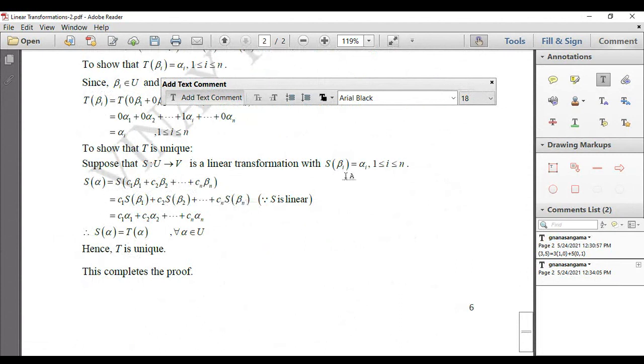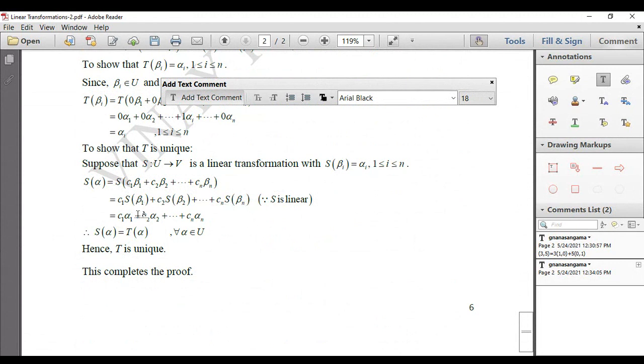But remember, we know that S of beta I is equal to alpha I. If you put I equal to 1, you will get S of beta 1 equal to alpha 1. If you put I equal to 2, you will get S of beta 2 equal to alpha 2, etc. If you put I equal to n, you will get S of beta n equal to alpha n. So make those changes in this.